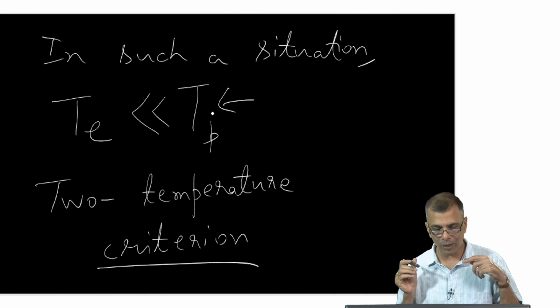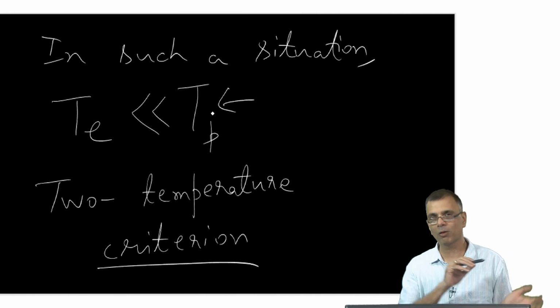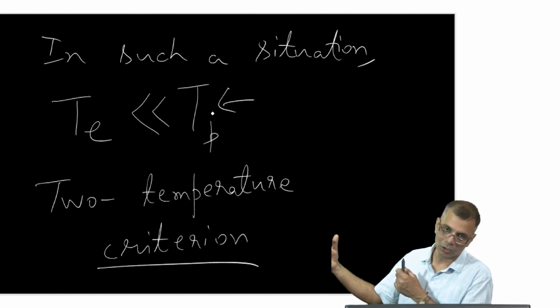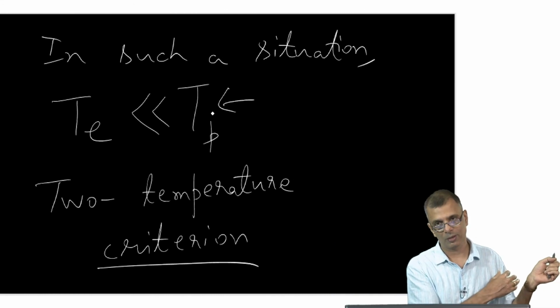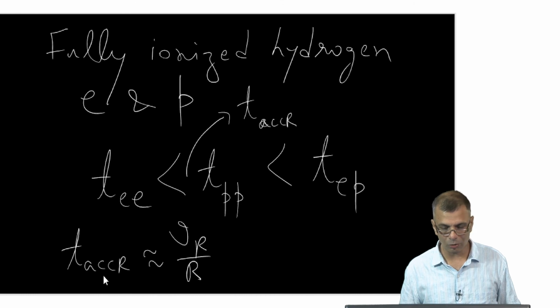What is more, to make matters worse, there is not enough time for the protons and electrons to equilibrate amongst each other before a given parcel of plasma is swept into the black hole. Okay, this time scale is too small.